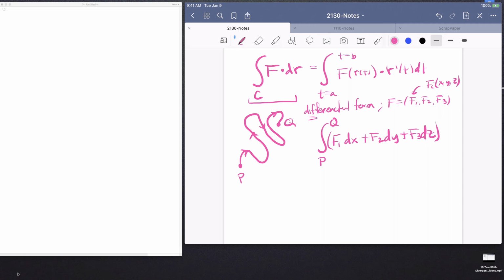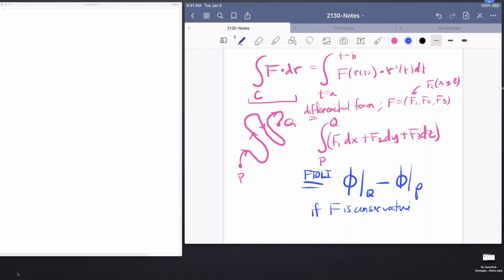These are saying the same thing, these three different integrals. Now, one thing that will be nice is that the fundamental theorem of line integrals will kick in, and we'll know that this line integral will evaluate to a potential function at the point Q minus a potential function at the point P if the vector field f is conservative.